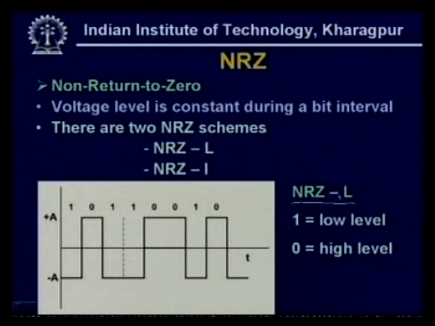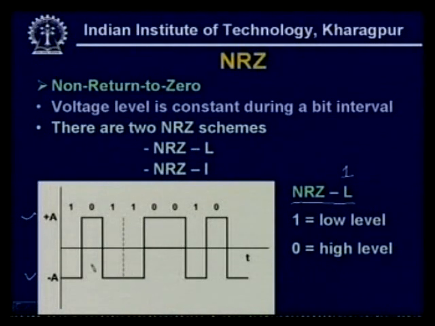That means binary value 1 is represented by low level minus A, and 0 is represented by high level plus A. So, here we are using signals of two polarities, plus A and minus A, and these two polarities are used to represent binary 0 and 1. So, 1 is represented by a minus A voltage, and 0 is represented by plus A.